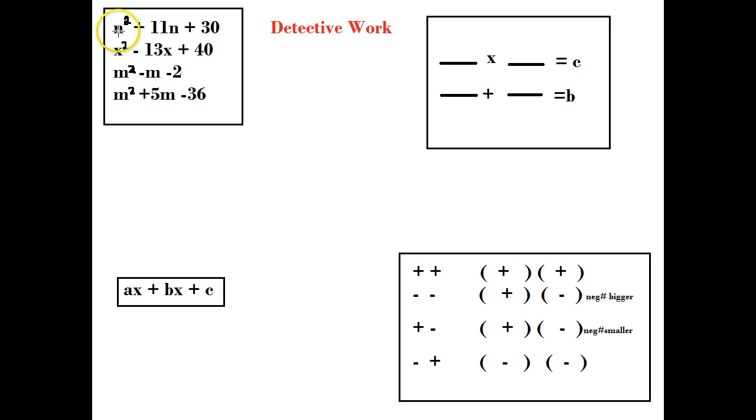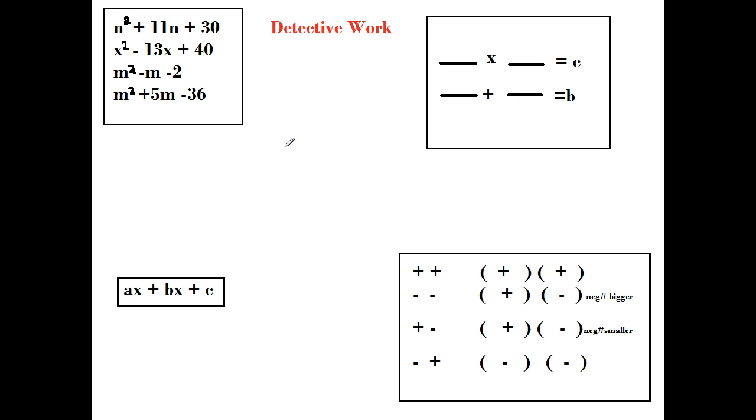So to factor the first one, n squared plus 11n plus 30, we're looking for two numbers that multiply to 30 in this case, and that add to 11 in this case.